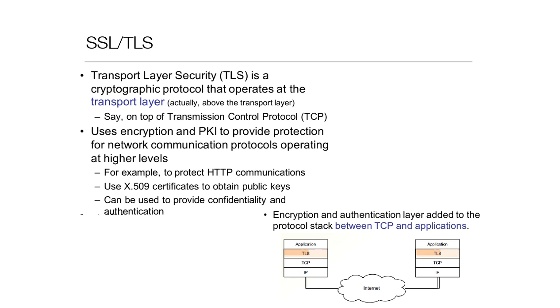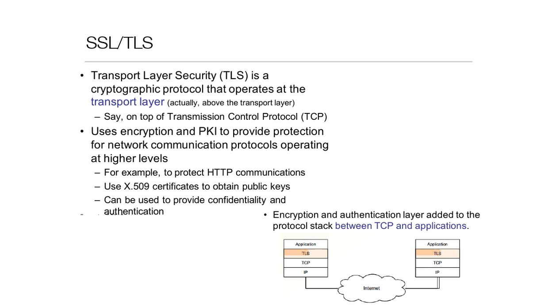For example, to protect HTTP communication, that is Hypertext Transfer Protocol, the web information, HTTP sends and receives the data for the websites showing in your web browser. To protect this kind of web application, we have this security protocol layer, and it is called HTTPS, secure HTTP, to protect your data, and it uses X.509 certificates to obtain public keys.